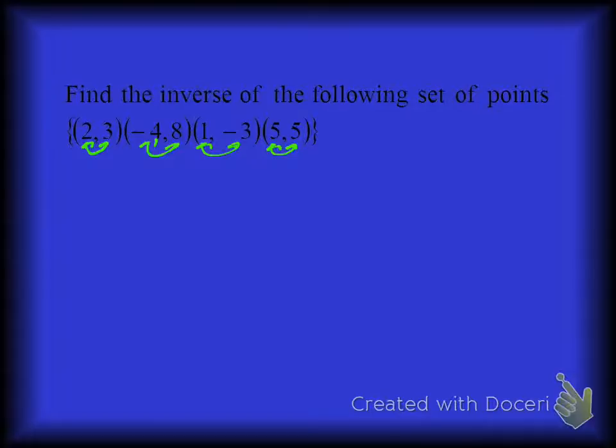So (3,2), (8,-4), (-3,1), (-5,5). It took me years to learn to write braces like that. If yours are ugly, don't worry about it, but they do need to be there.